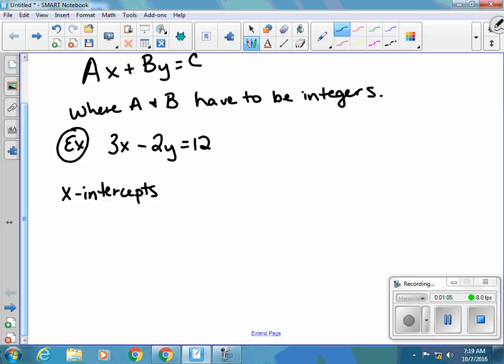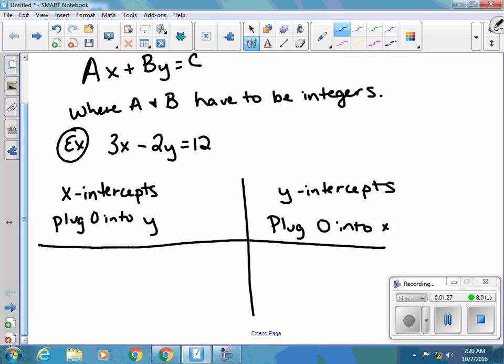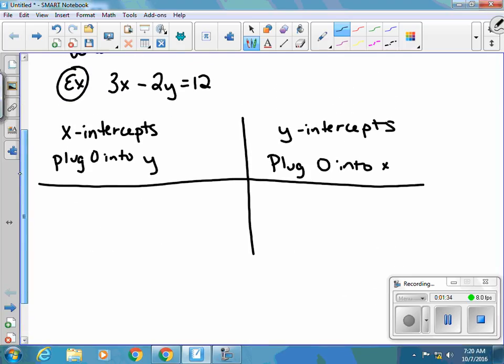If I'm looking at my x-intercept, I plug 0 into y. If I'm looking for my y-intercept, I plug 0 into x. So it's the opposite of what you see. And from there, I'm going to be able to find points which I can graph.